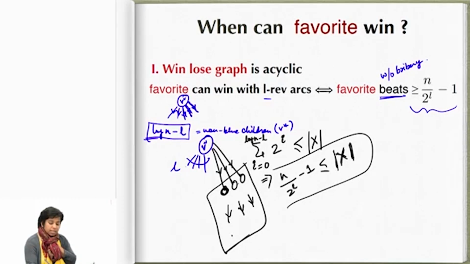Furthermore, each of these subtrees has its root beaten by V star in the original graph, correct? So basically, if I look at the induced subtournament involving the vertices in this set X and V star, I get a directed acyclic subtournament where V star is the unique winner.